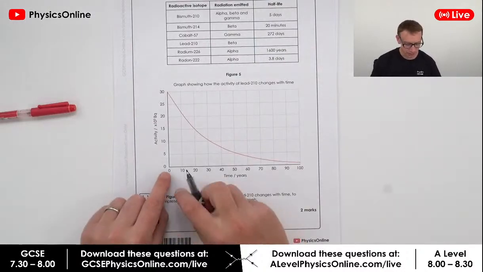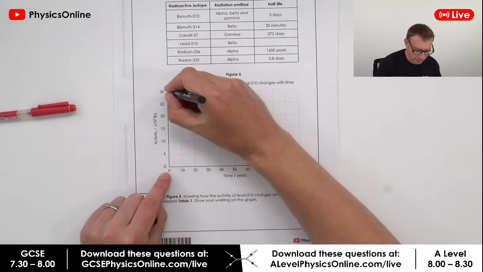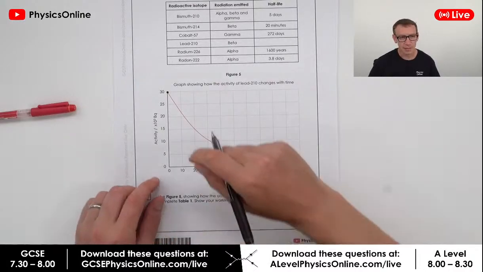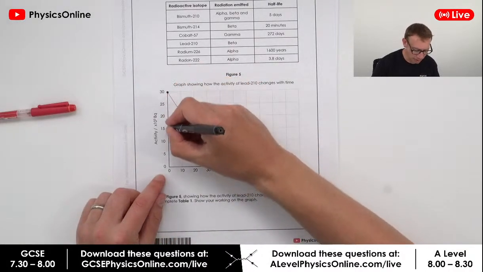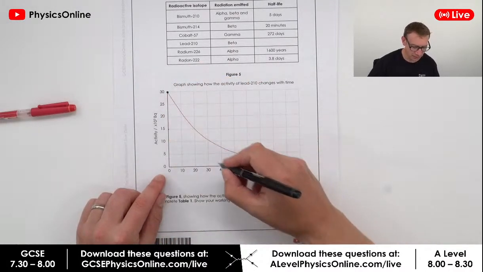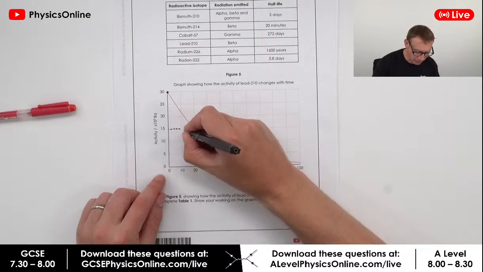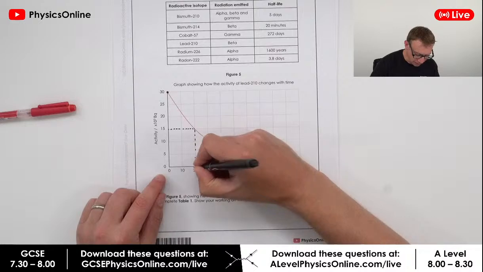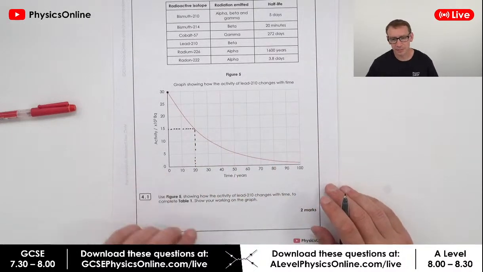Initially, when time is 0, the activity is equal to 30 times 10 to the 3 becquerels. And we want to work out the time it takes to drop to half that amount, which is 15. So if we read across here, we can see at 15, we can then follow that down. That's equal to 20 years.